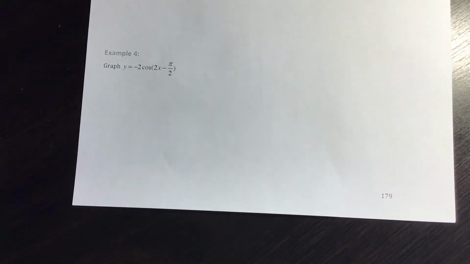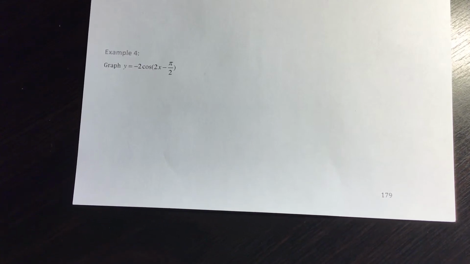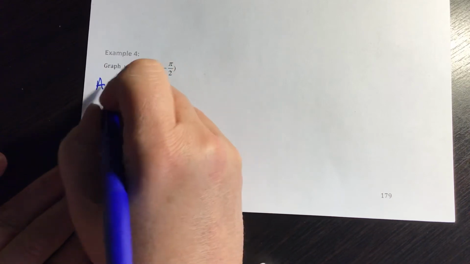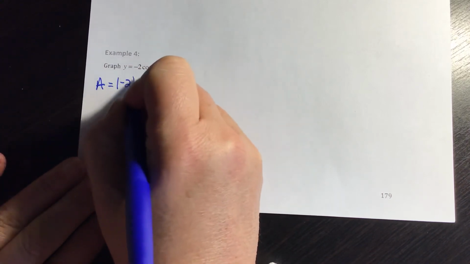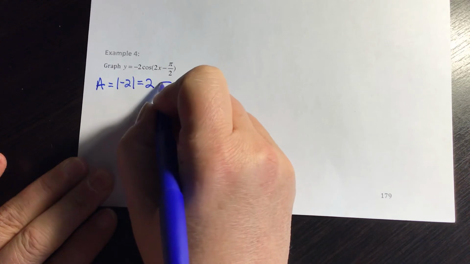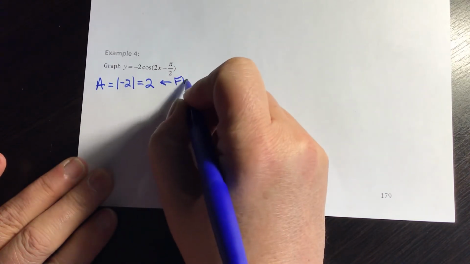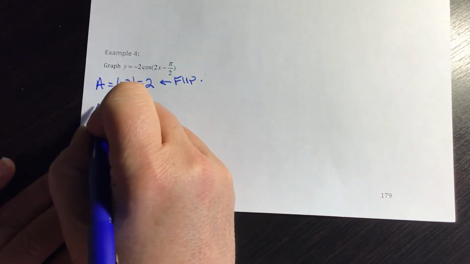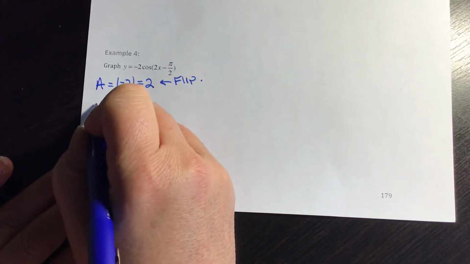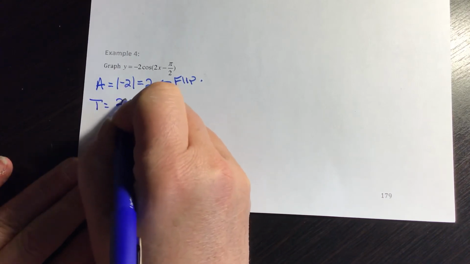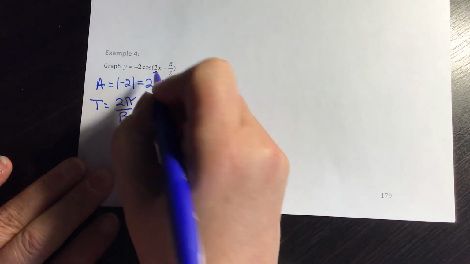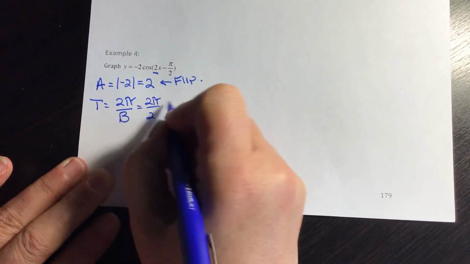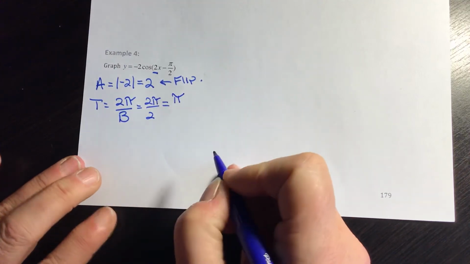So here we have on example 4, we have a cosine graph again. My amplitude is the absolute value of -2, which is 2, but I want to make a note here that I'm going to flip. My period for cosine is 2 pi over b. My b value is 2, so 2 pi over 2, which is pi.